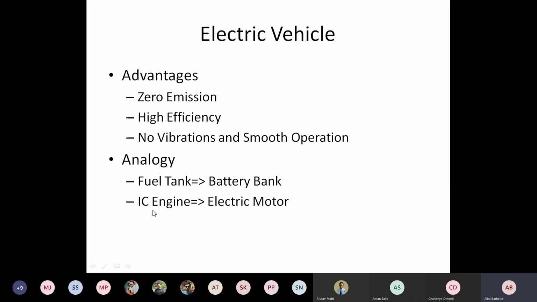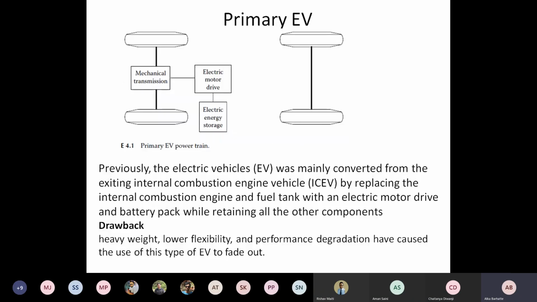The second thing is that the IC engine can be related to the electric motor. The required power or torque can be generated using the electric motor, which is driven by the battery bank. This is the simple analogy for converting conventional IC engine vehicles into electric vehicles.